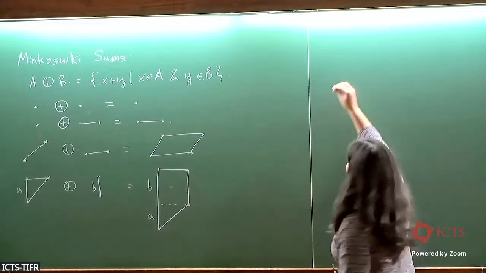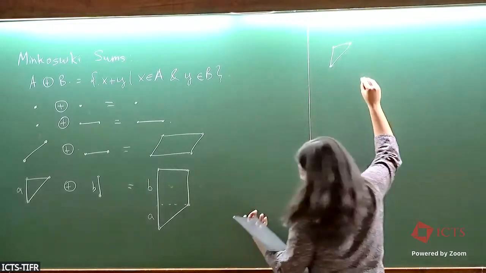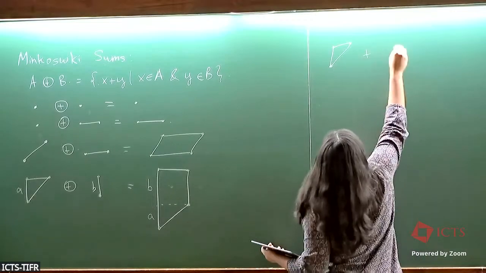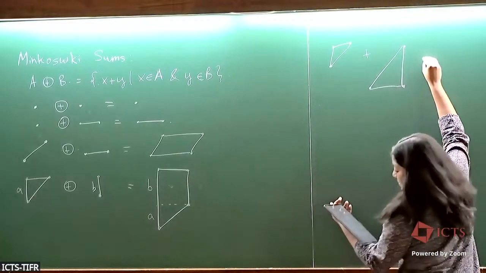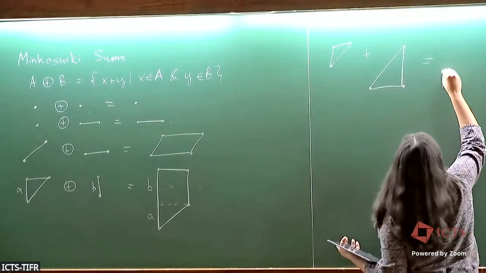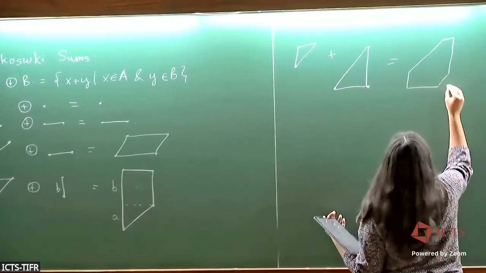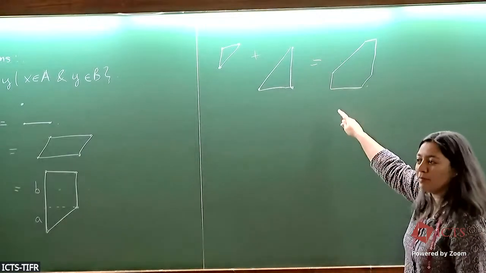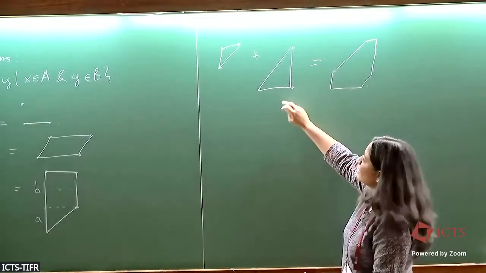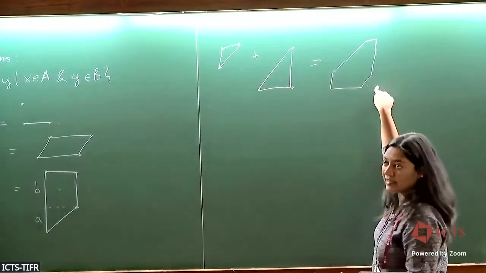But two triangles will give you a hexagon, where I'm not going to specify, but you can play with this and see that this actually works and that various side lengths here go into side lengths here.